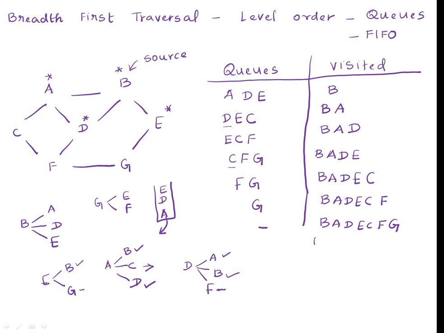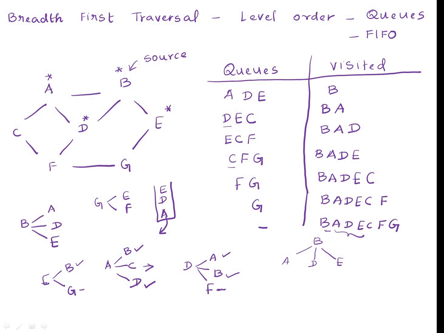If you look at the corresponding spanning tree representation of this particular graph, B is going to be the root node, and B is connected to A, D and E. So B is in the first level, and A, D and E are in the second level.